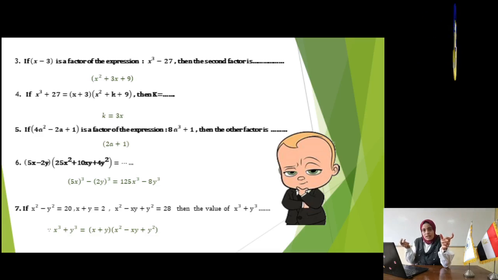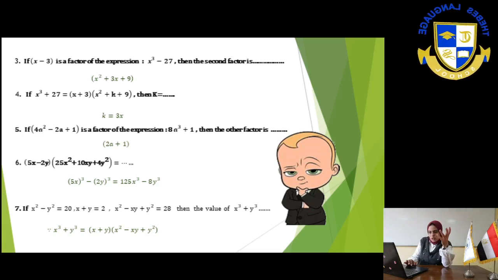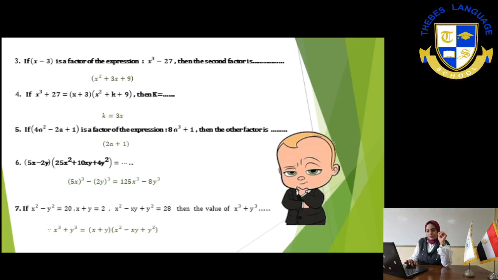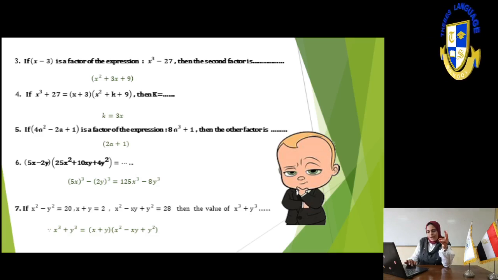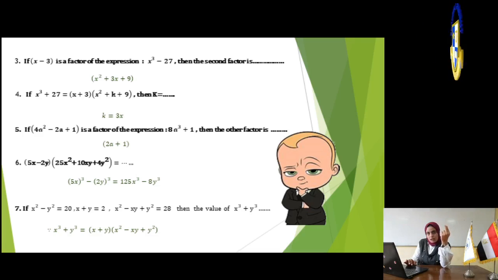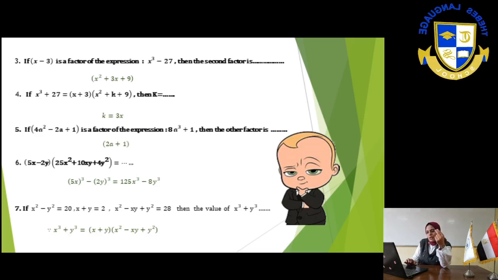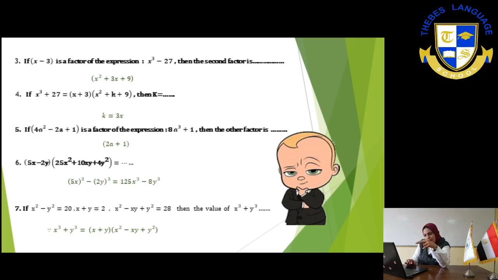To get the value of x minus y, x minus y equals what? x plus y equals what? 20 divided by 2 equals 10. So we have here 2, and we have here 28. To get x power 3 plus y power 3, it will be 2 times 28, it will be 56.